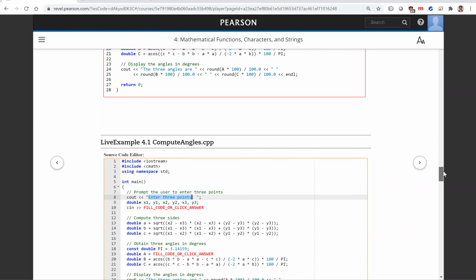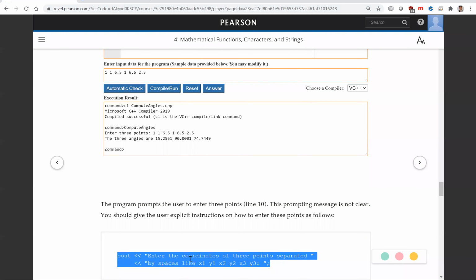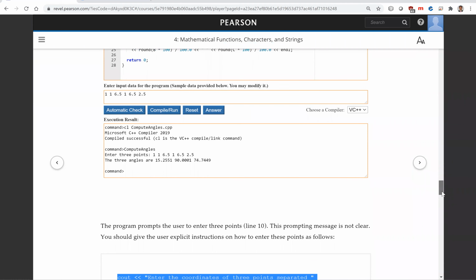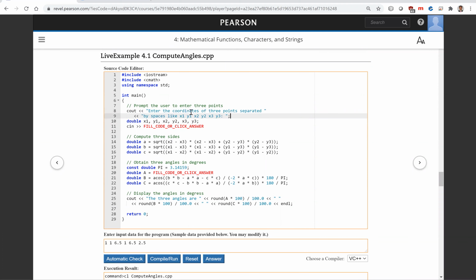We can give more detailed information, saying enter the coordinates of 3 points separated by spaces, like x1, space, y1, and so on. So now we're going to have x1, y1, x2, y2, x3, y3.